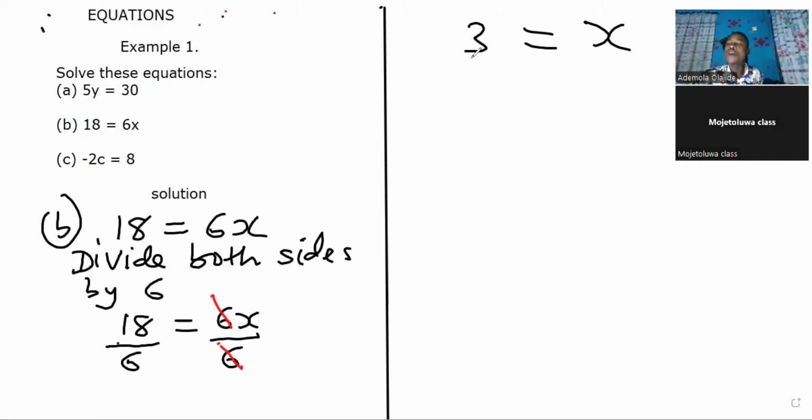That means you too have equal age as the person, isn't it? So we conclude that if 3 equals x, this means x equals 3. Since it is x they ask us to find, in our conclusion we must say that x equals 3.